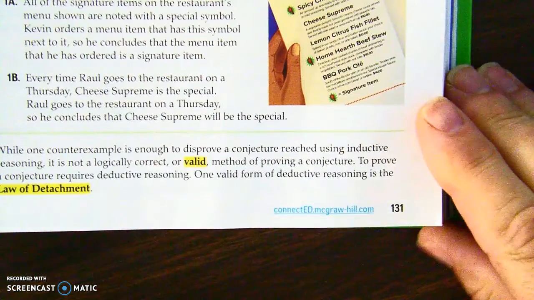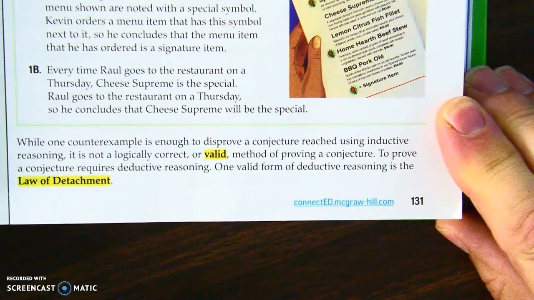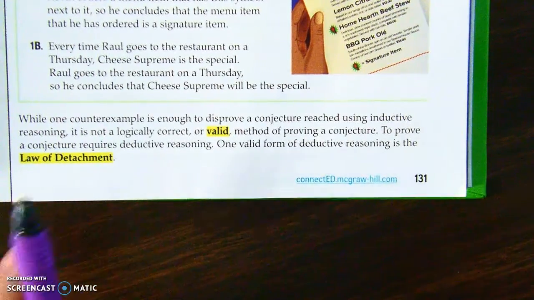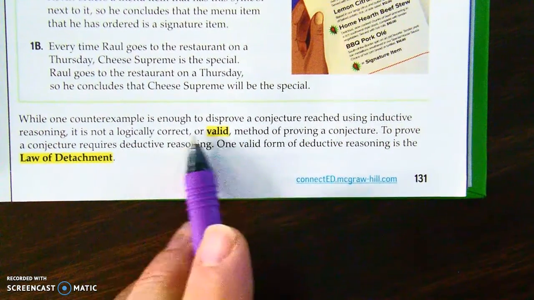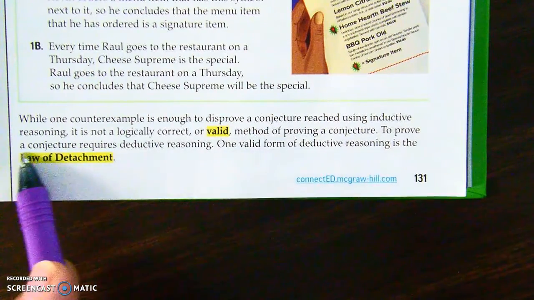Here's a couple of rules that are important to emphasize. It says, while only one counterexample, we talked about what a counterexample is, to prove that it's false, or that it's not true, or whatever you want to call it, is enough to disprove a conjecture reached under inductive reasoning.